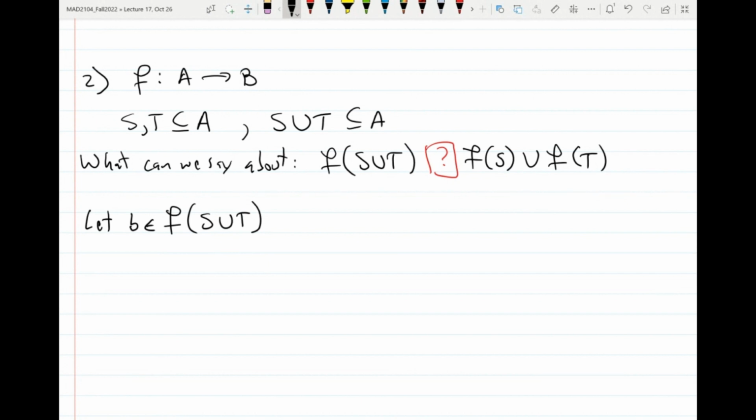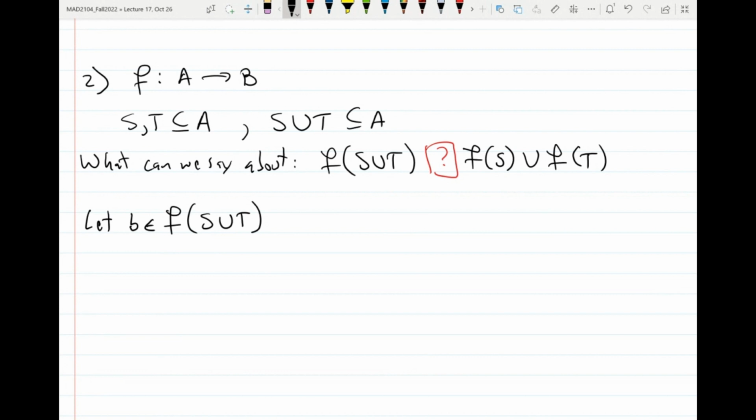Now let's activate the process. What does this mean? What does it mean to be an element in the image? It means that there is a little a back home, so that when you apply the function, it gives you this b. That's what it means to be in the image, right? There is an element in A so that when you apply the function, it gives you b. Moreover, it's not just in A, it's in this special union.